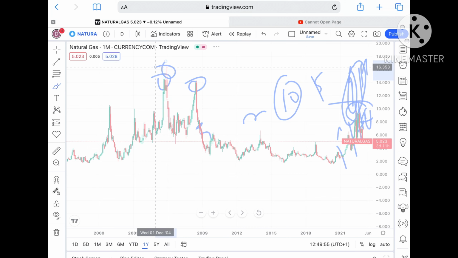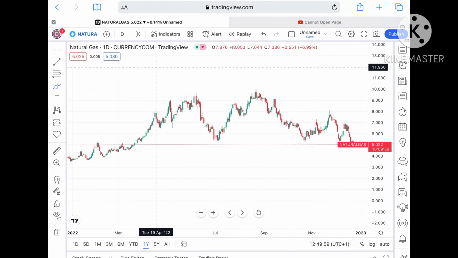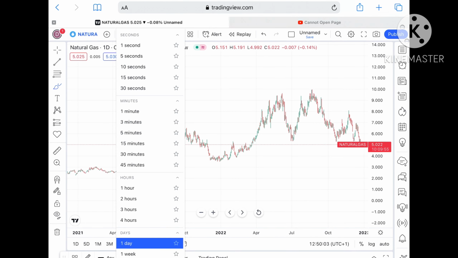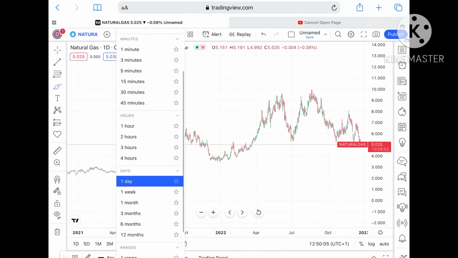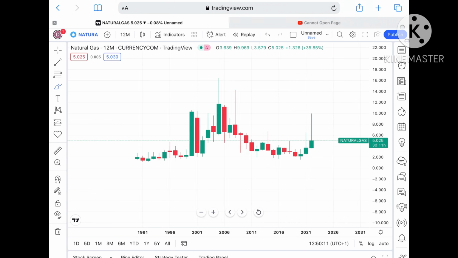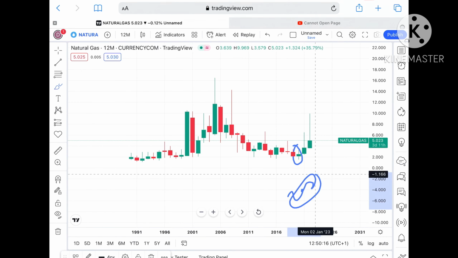If you look at the years chart, what you can see, looking at the years chart, we can see that continuously there is a downfall. Okay, look at the 12 months chart. If you look at the 12 months chart, what we have seen is that in this particular 2020, a green candle is forming.